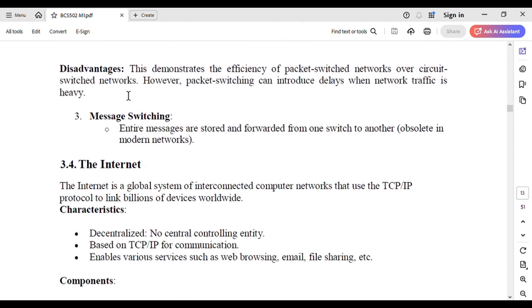Disadvantage: this demonstrates the efficiency of a packet switching network over a circuit switched network. However, packet switching can introduce delay when network traffic is heavy.